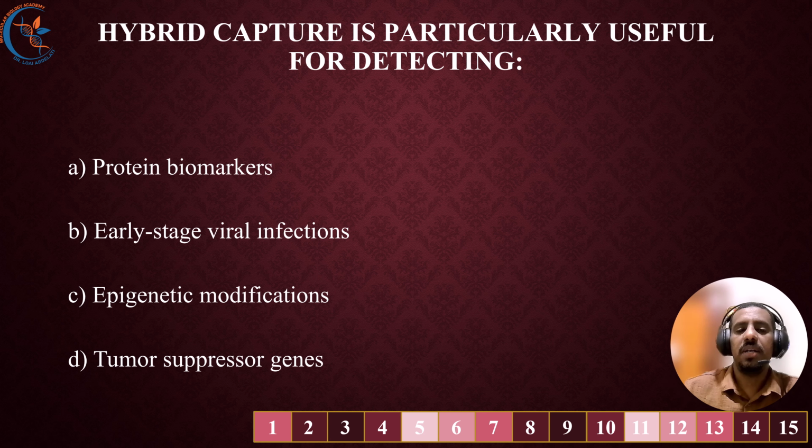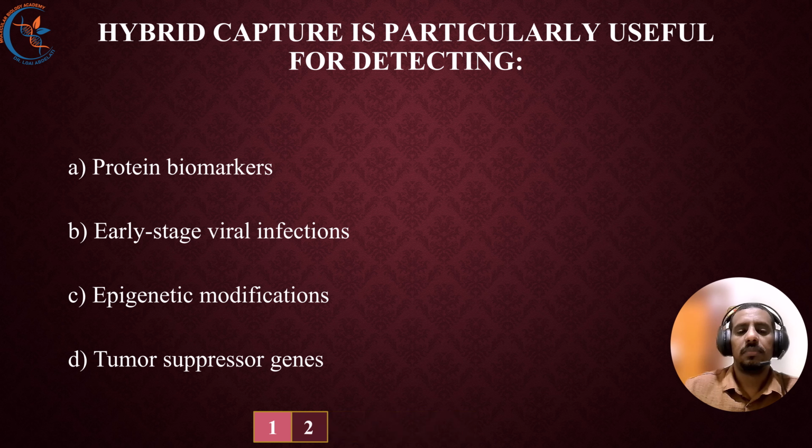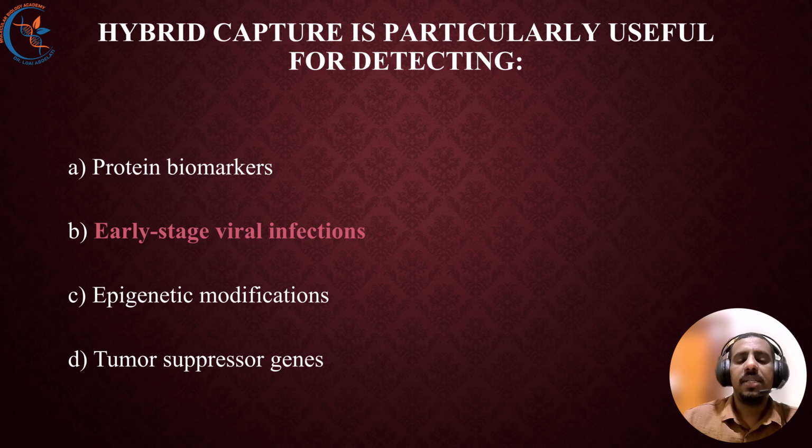The next question here. Hybrid capture is particularly useful for detecting which of the following? The correct answer is early stage viral infection.